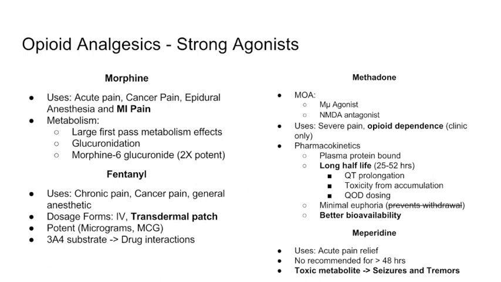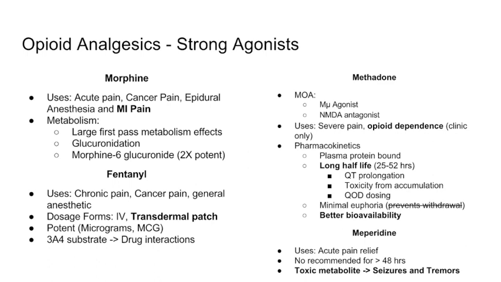Fentanyl. Fentanyl is probably the most potent out of all of the four that are on this slide, where the rest are dosed in milligrams. Fentanyl is dosed in micrograms. So it can be used in patch form for chronic pain and cancer pain. And it's also used for general anesthesia and pain in general anesthesia.